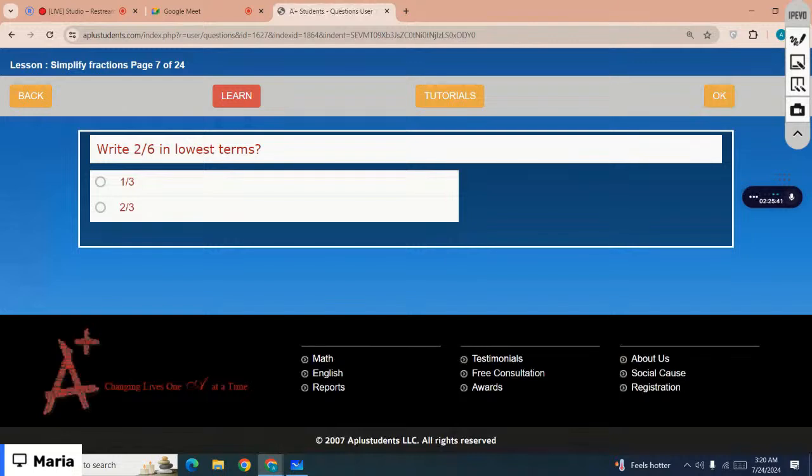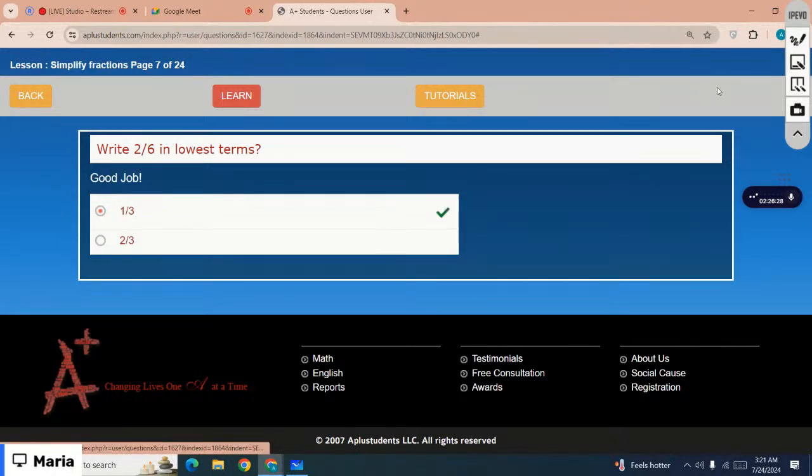Okay, write 2 by 6 in lowest term. So, which is the correct option? Option.